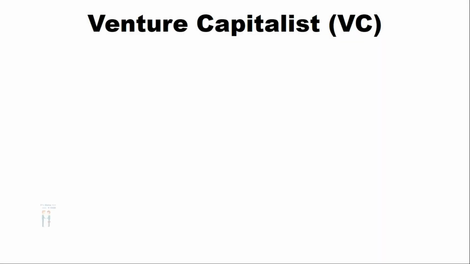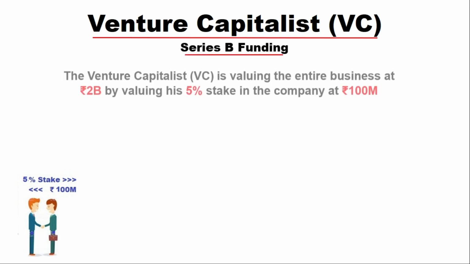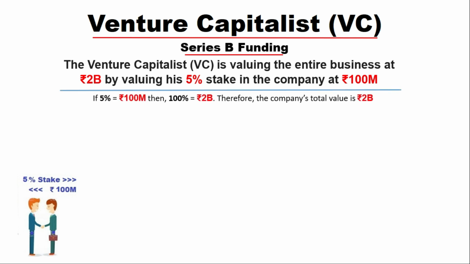The 100 million coming in for just 5%, the valuation of the company now stands at 2 billion. If 5% is equal to 100 million, then 100% should equal 2 billion. Therefore, the company's total value is now 2 billion.